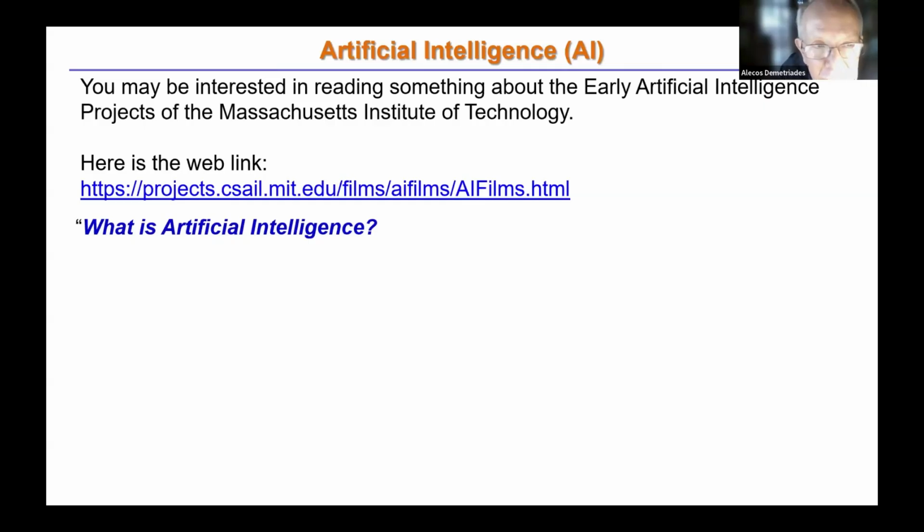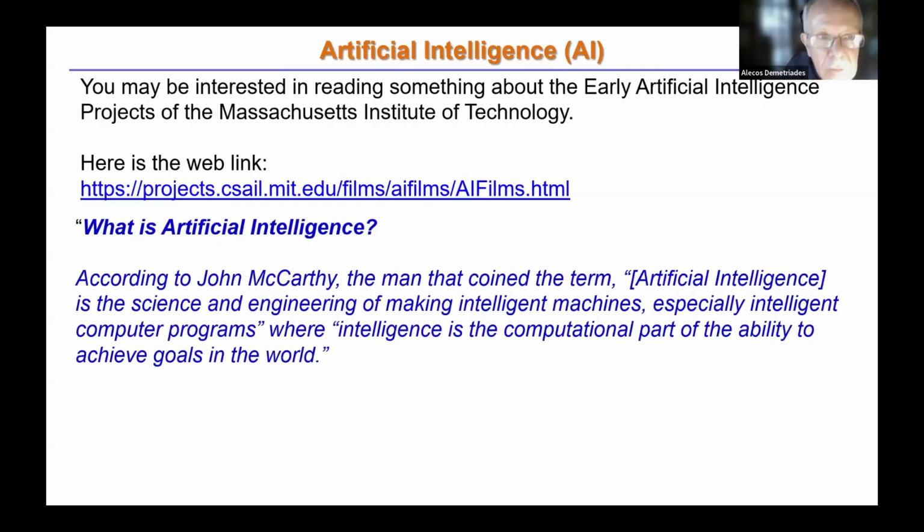What is artificial intelligence? According to John McCarthy, the man who coined the term artificial intelligence, it is the science and engineering of making intelligent machines, especially intelligent computer programs, where intelligence is the computational part of the ability to achieve goals in the world.